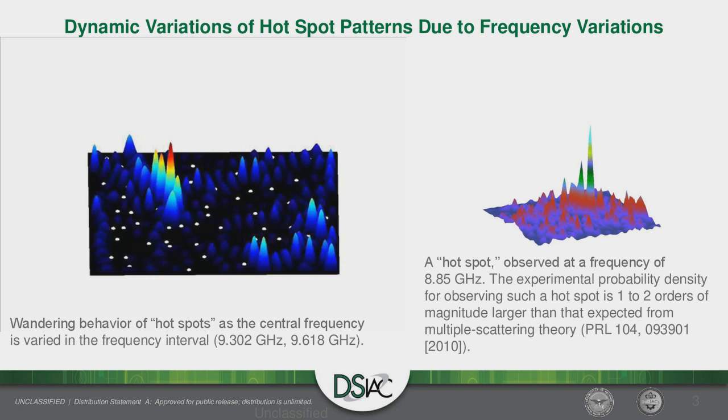Similarly, when we do a field test, the frequency source is not really stable. It jitters back and forth. For example, it changes from 9.3 gigahertz to 9.6 gigahertz. Then the wave path and field mode change very dramatically, and the variation could be one or two orders of magnitude larger than expected from theory.